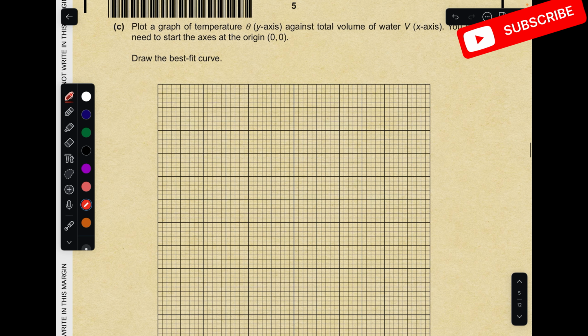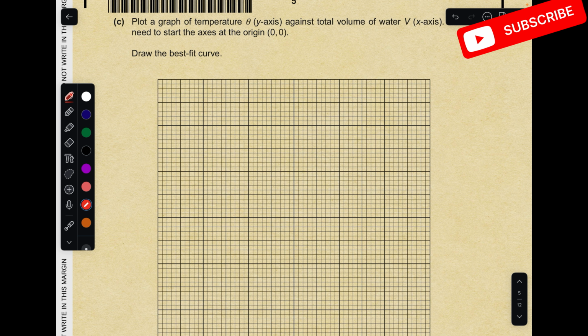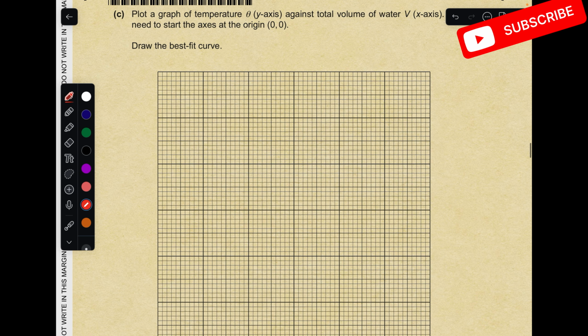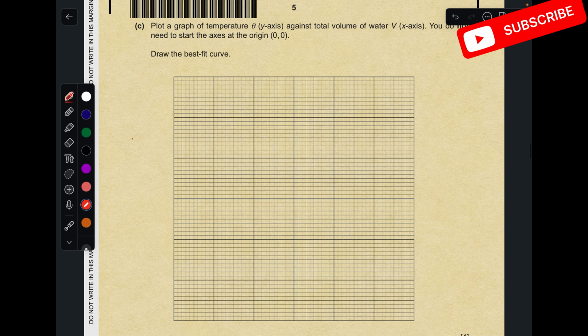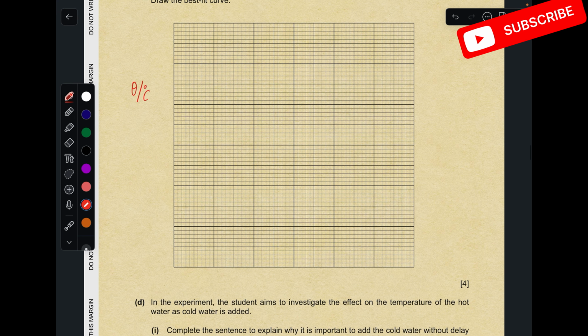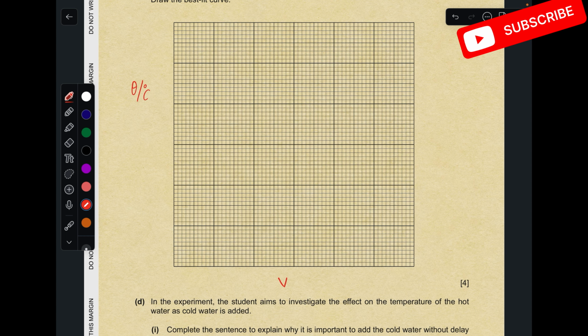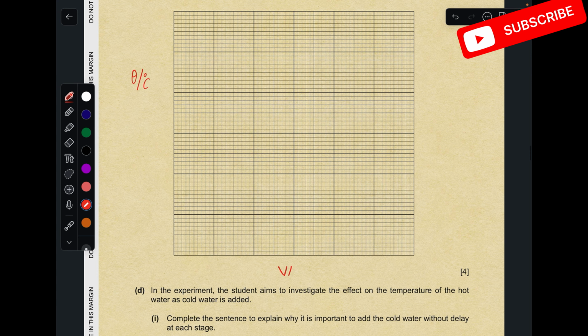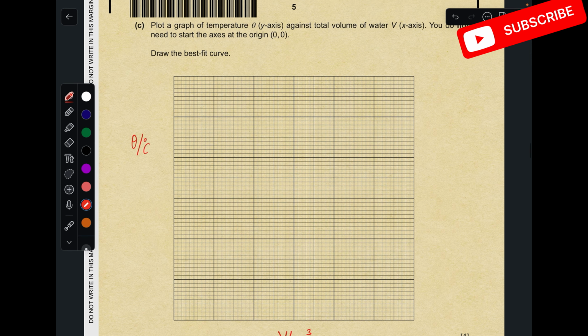Moving forward, plot a graph of temperature on the y-axis against the volume. Okay, so you have to take theta on the y-axis. Theta is temperature, its units are degree Celsius, and volume on the x-axis, volume is centimeter cube. Okay, this is for the 1 mark. Now what you have to do is the scaling.